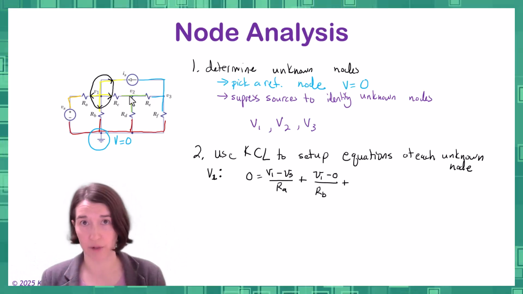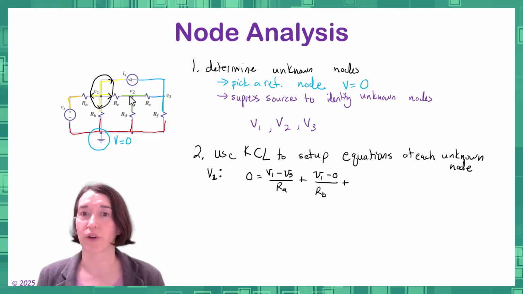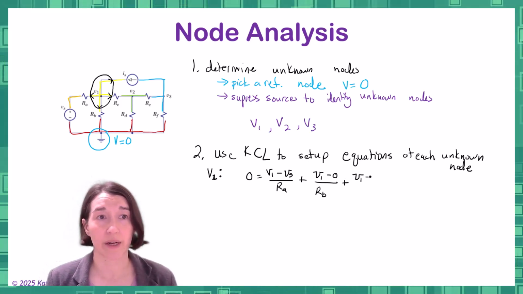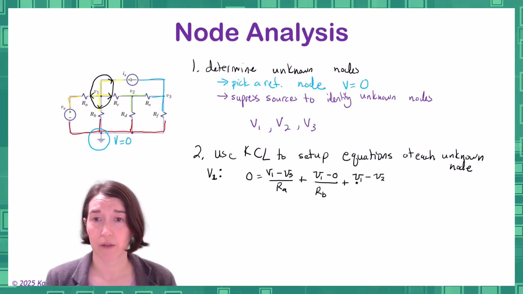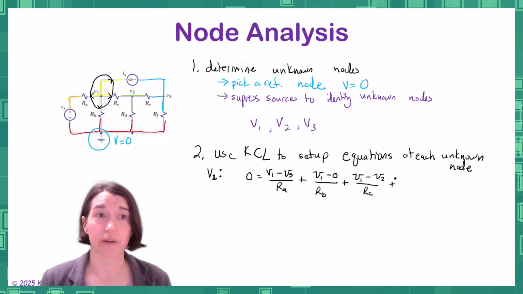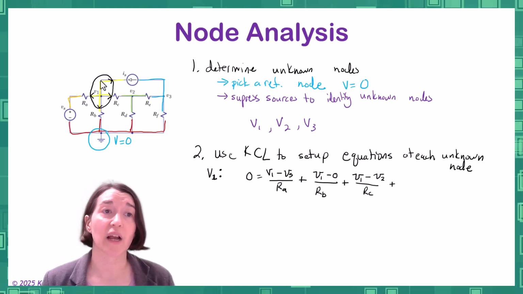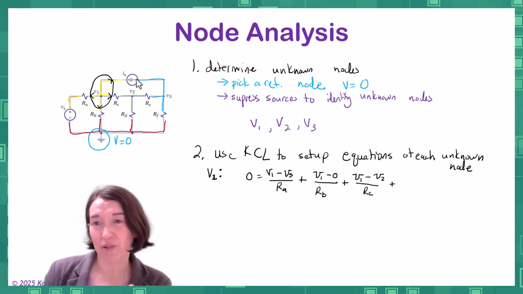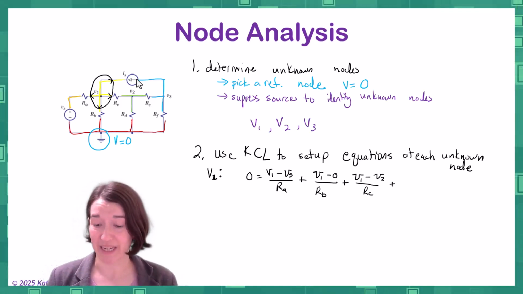We're going to solve for all of those, so we can use those variables without a problem. So we'd have V1 minus V2 divided by Rc. And the last one is the current coming out of this node, Is, a current source. It's going the opposite direction, so it's going to end up being a negative Is.